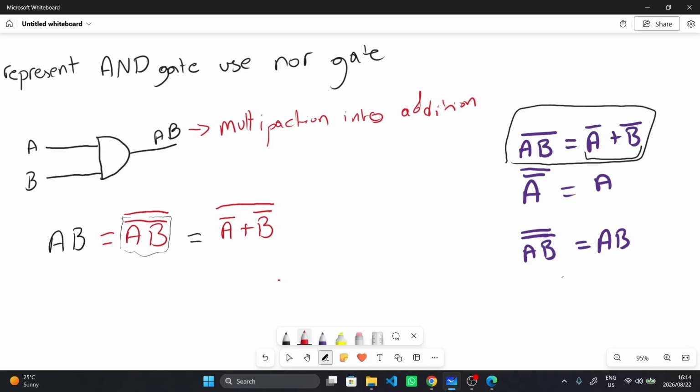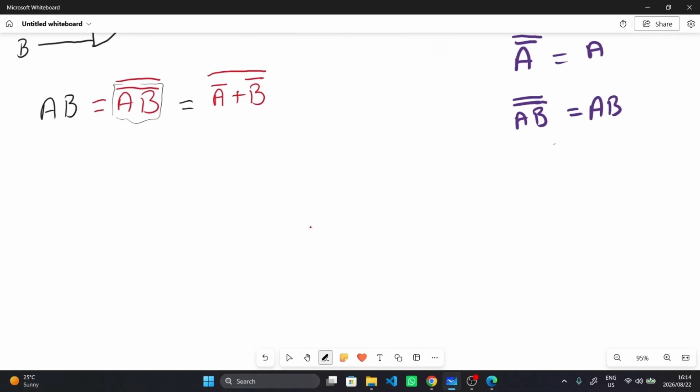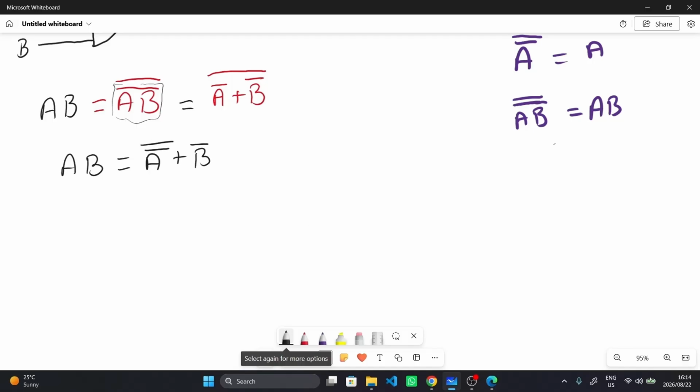Correct. So now we can use this equation here to build our second diagram. A times B is same as A complement plus B complement, not.